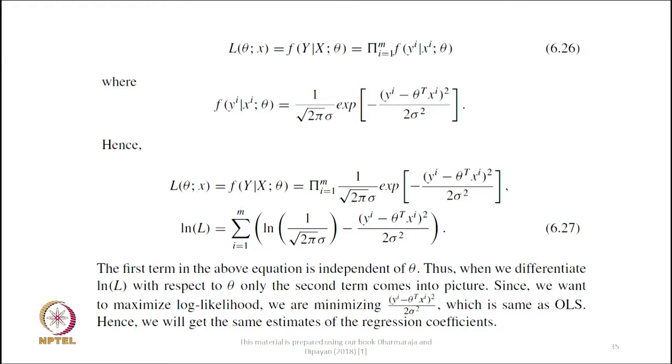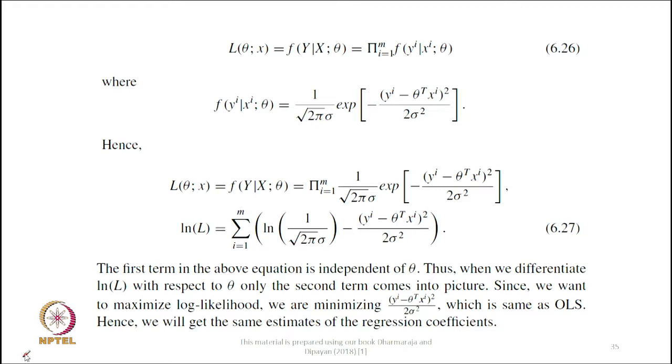Since we want to maximize the log likelihood function, we are minimizing the second term, that is yi minus theta transpose xi whole square divided by 2 sigma square, which is the same as ordinary least square. Hence, we will get the same estimates of the regression coefficients, that is beta naught and beta 1.